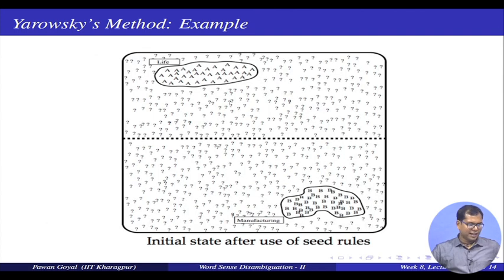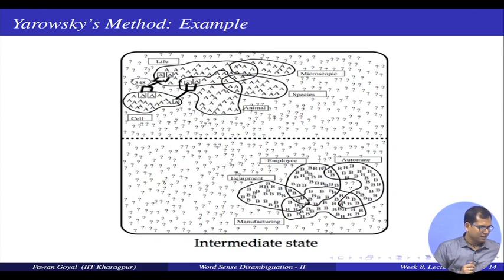So the idea would be something like that. You have this whole corpus where the word plant occurs. By using this initial seed set of life and manufacturing, you have labeled sense A and sense B. Now you treat them as labeled data and from there capture some more collocations. So you capture collocations like cell, animal, species, microscopic for the sense of life, and equipment, employee, automate and manufacturing for the sense of industrial plant.